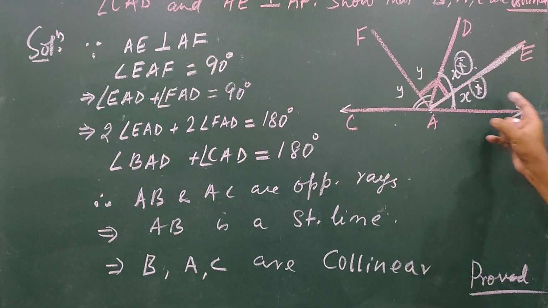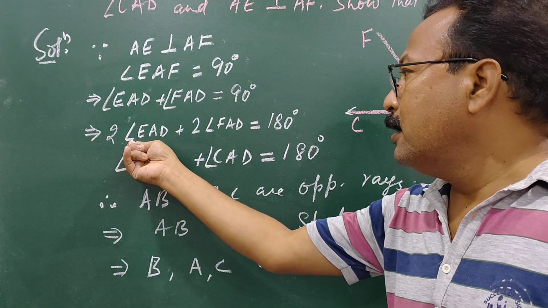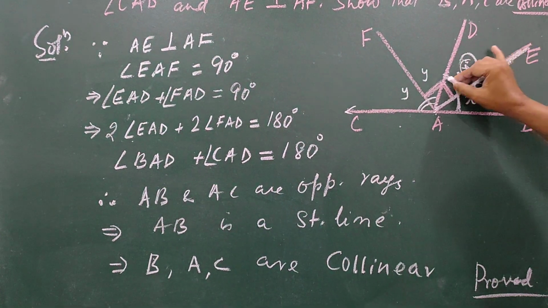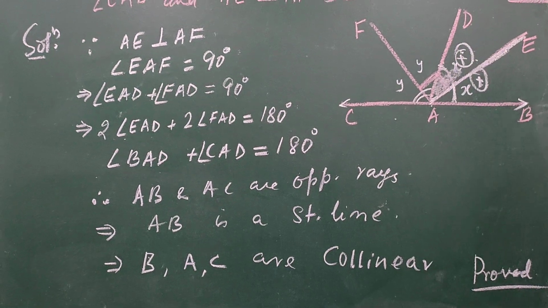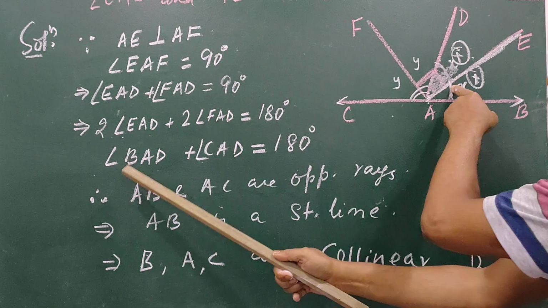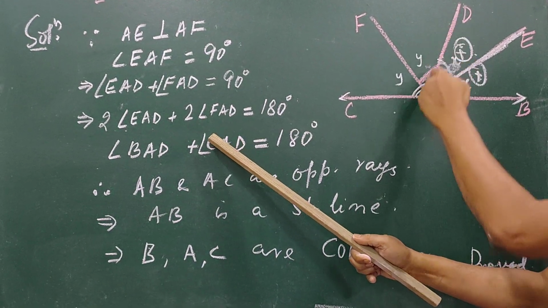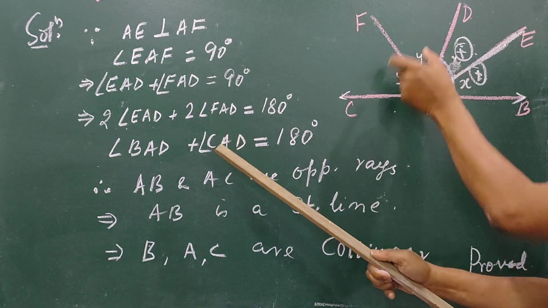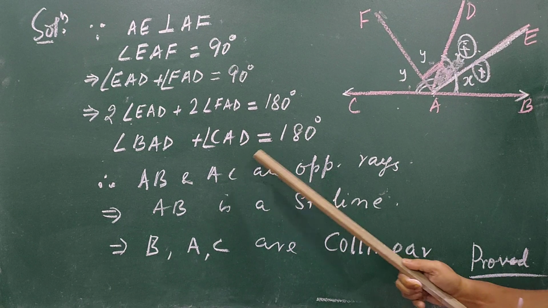So twice EAD must equal this whole angle BAD, and twice FAD equals this whole angle, since this is the bisector.